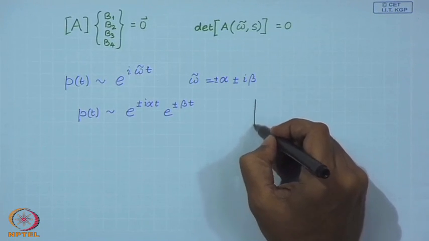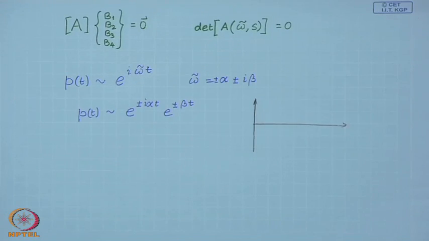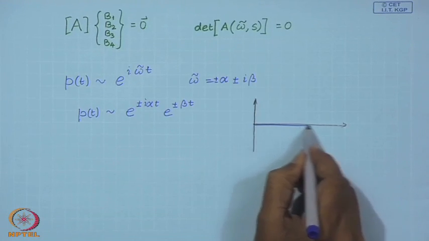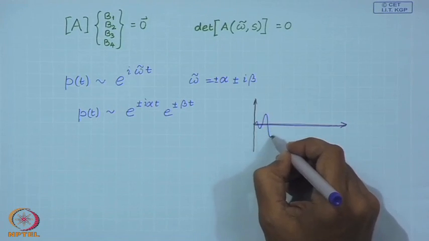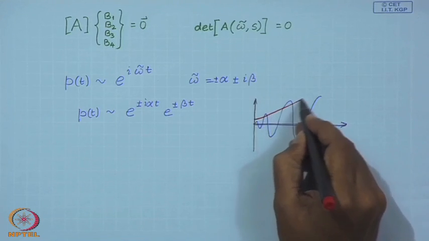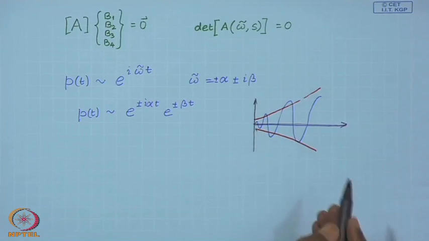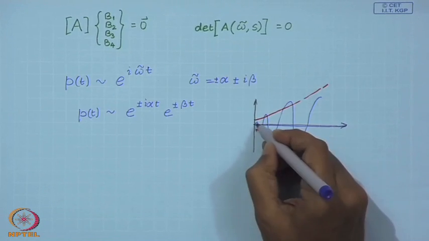Which means the solution will look like this: it has an exponentially increasing envelope.